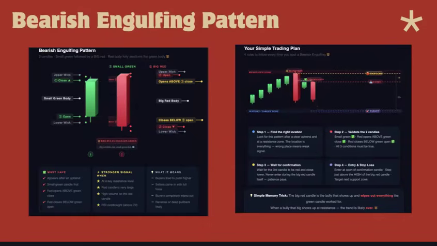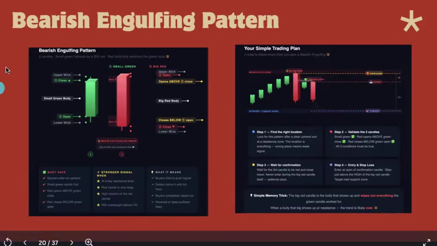Four-step trading plan. Find the right location, after a clear uptrend and at the resistance. Step 2. Validate both candles. Small green first, red opens above the green close, red closes below the green open.